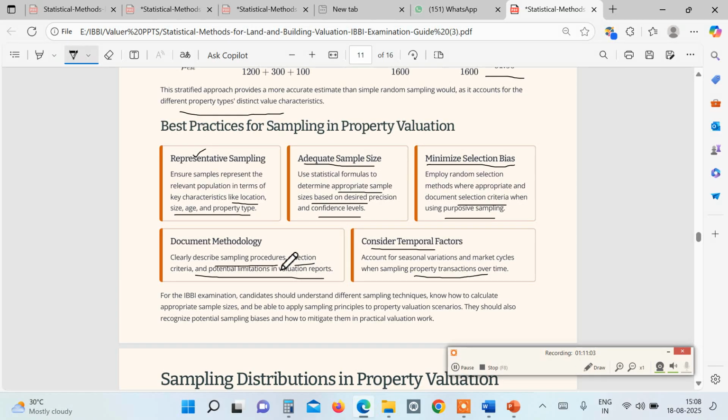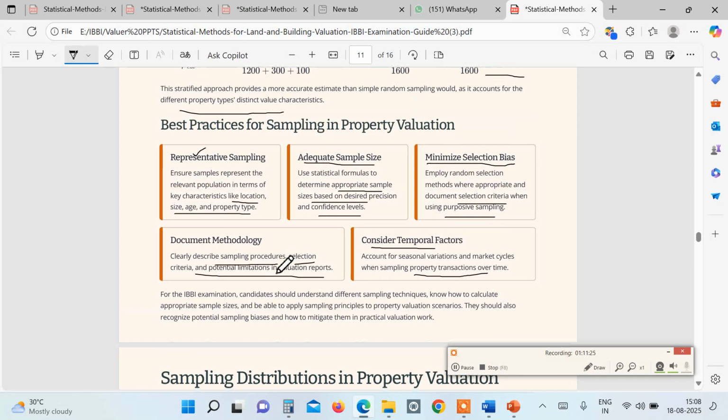As far as IBBI examination is concerned, candidates should understand these different sampling techniques, know how to calculate appropriate sample size, and be able to apply sampling principles to property evaluation scenarios. They should also recognize potential sampling biases and how to mitigate them in practical evaluation work.